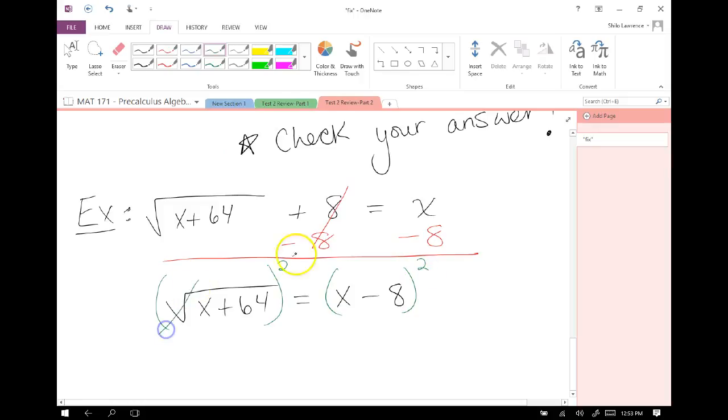On the left, the square and the square root just cancel, and we're left with the stuff that was inside, x plus 64. But on the right, x minus 8 squared, you're going to have to FOIL that. And if you FOIL that out, you get x squared minus 16x plus 64.